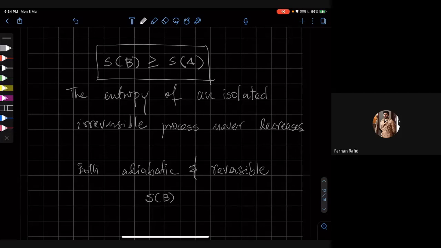And then S of B should be S of A. Right?